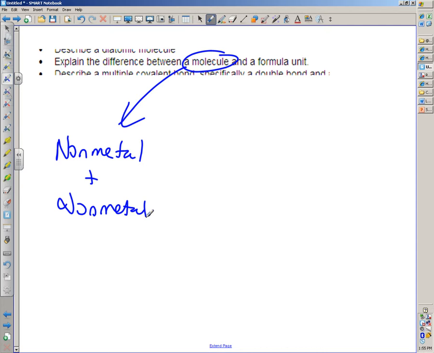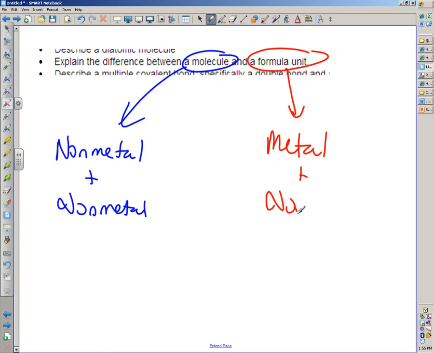Molecules will have nonmetals plus nonmetals, but a formula unit would have a metal and a nonmetal. Is that good just for identifying them to begin with?